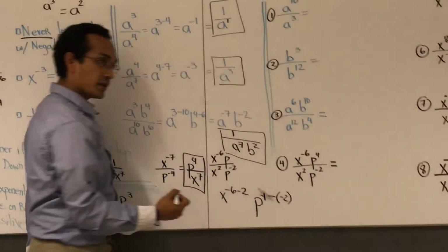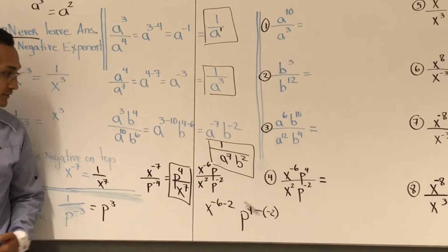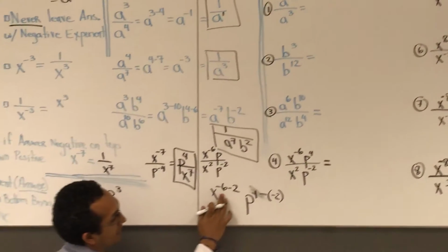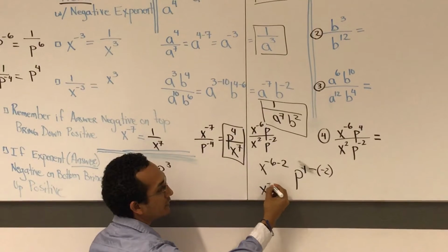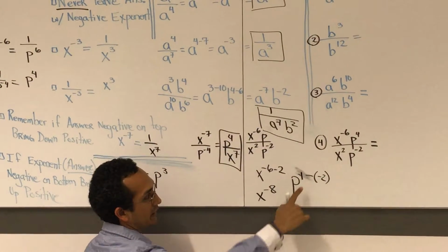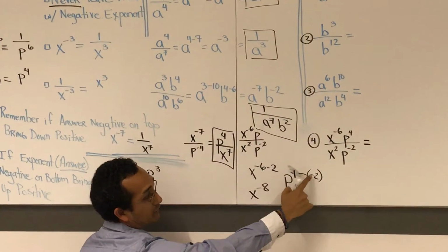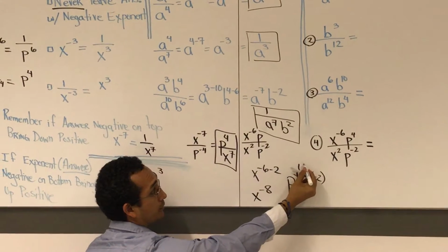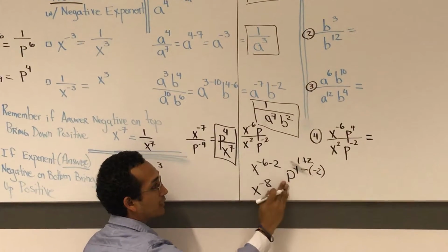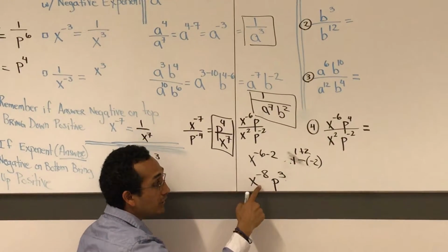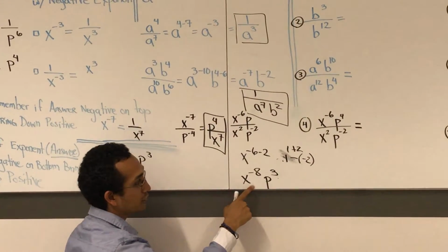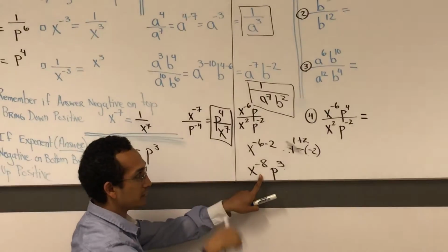Therefore, it becomes minus 6 minus 2. That becomes x to the negative 8. And then 1, negative times negative is positive, so 1 plus 2 becomes p to the 3rd. You can't leave your answer like this, so you have to bring down the negative 8.